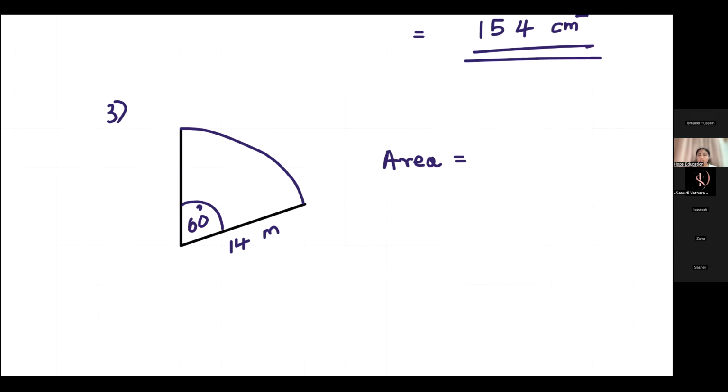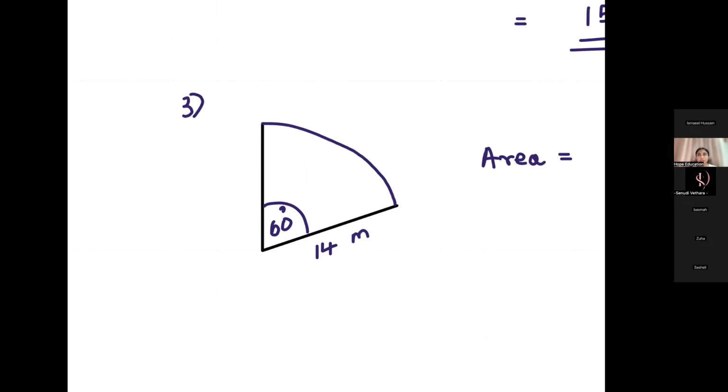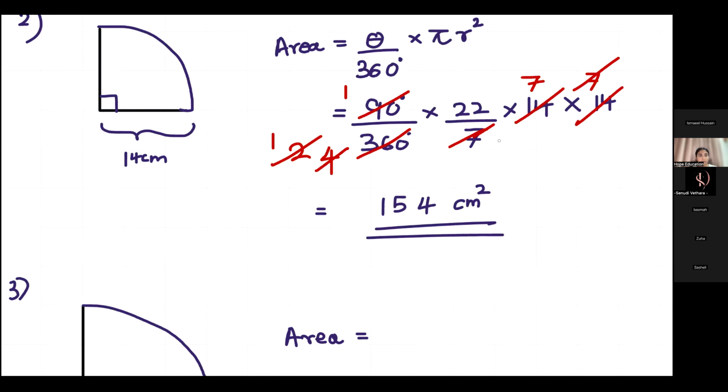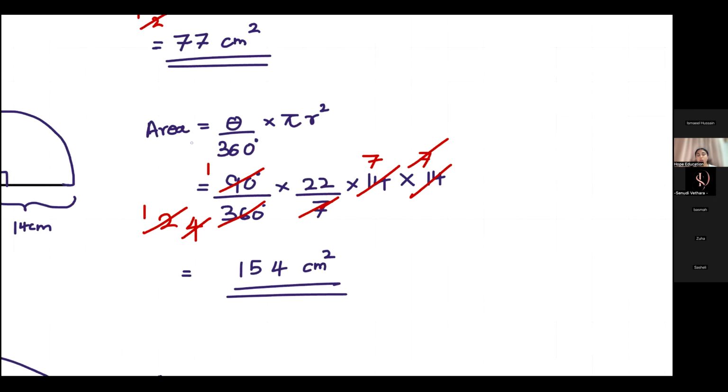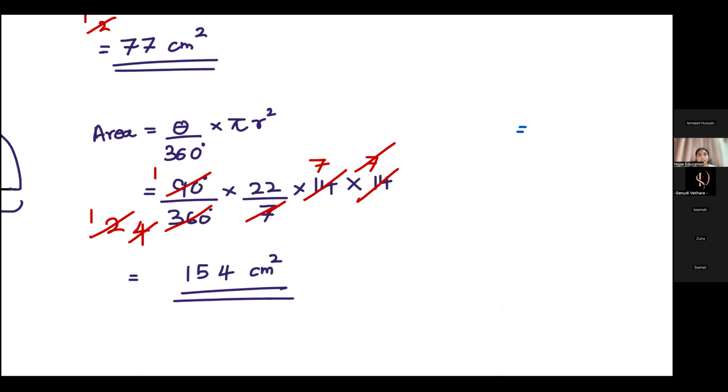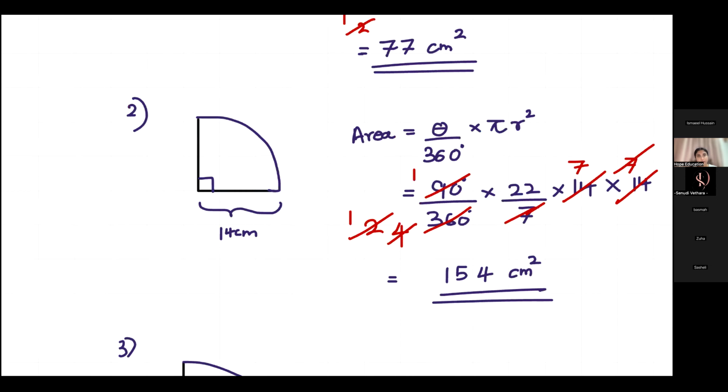Let's go through the simplification of example 2. Area equals theta over 360 multiplied by pi r squared. Here, theta is the angle at the center. The angle at the center is 90 degrees, right?